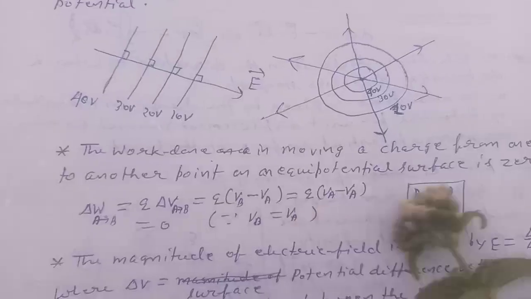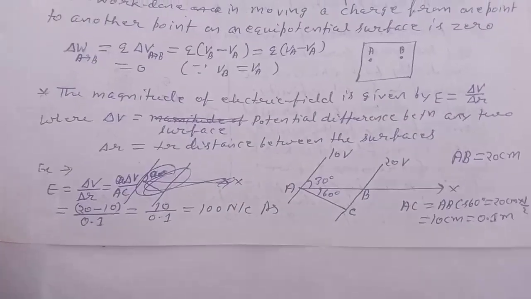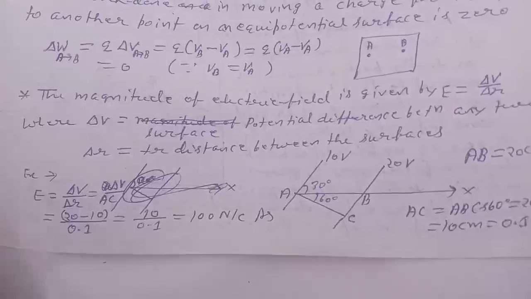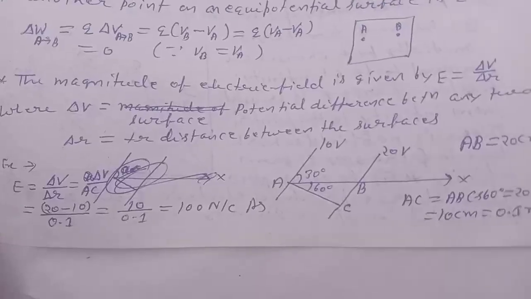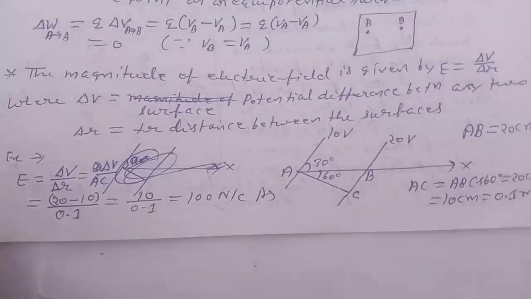Since VB equals VA, this being an equipotential surface, the magnitude of electric field is given by E equals delta V by delta r, where delta V is the potential difference between any two surfaces and delta r is the perpendicular distance between the surfaces.